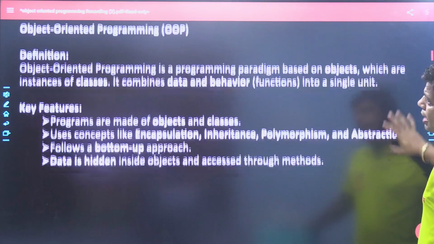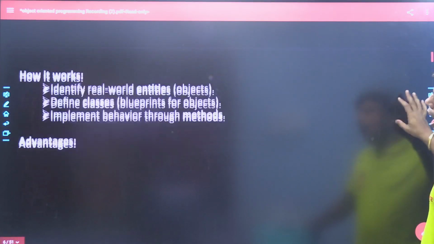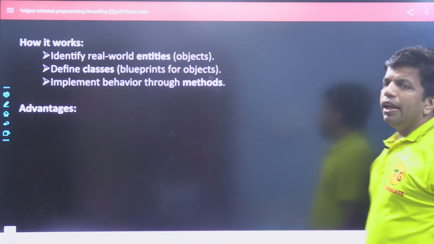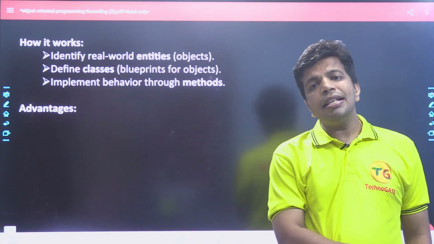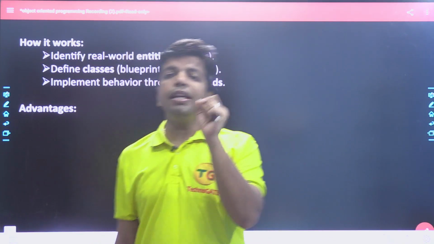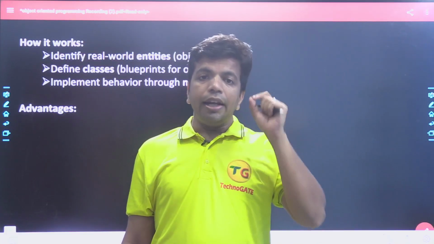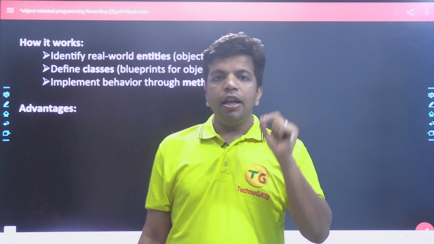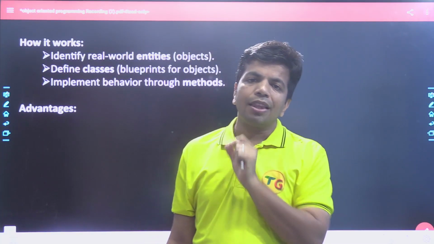Let's see here how exactly it is going to work. It identifies the real world entities, real world objects, and mainly we are going to use it to solve real world problems. It defines classes, meaning a blueprint of objects, and implements behavior through methods.